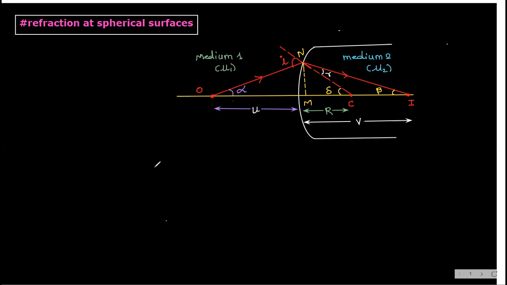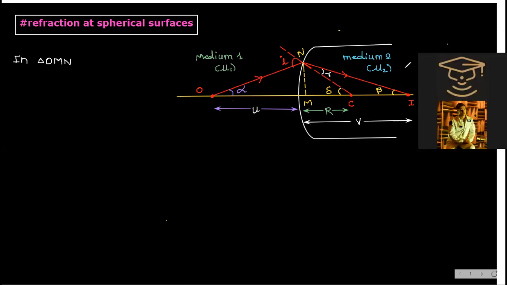Now first of all, in triangle OMN, tan alpha.